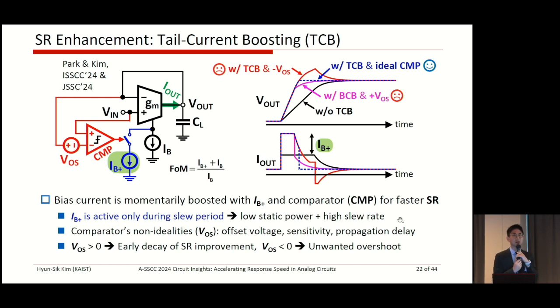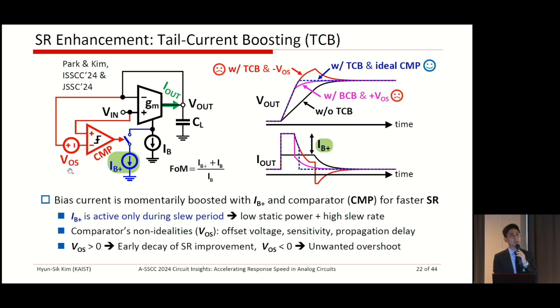However, in this kind of approach, the comparator performance is very important. There are many non-idealities in designing the comparator: offset voltage, limited sensitivity, and propagation delay. These non-idealities can be referred to the input side and modeled as VOS.